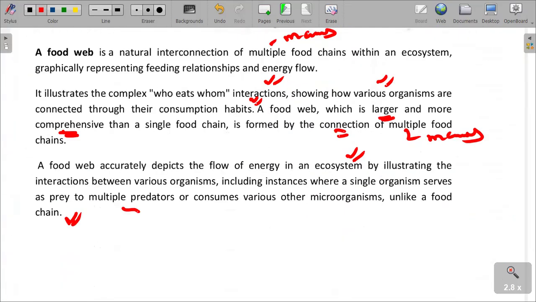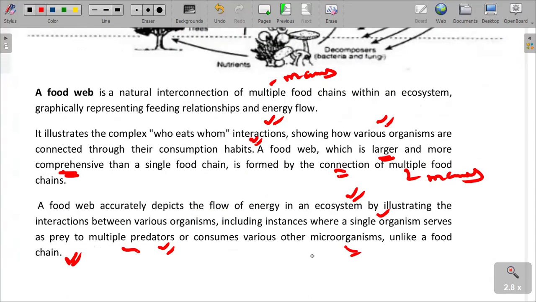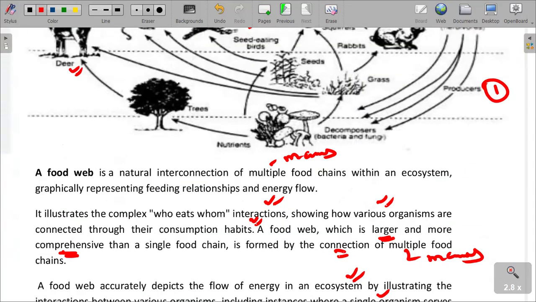It shows instances where a single organism serves as prey to multiple predators, unlike a food chain. A food chain has one pathway and does not have many interconnected relationships like we can see here.